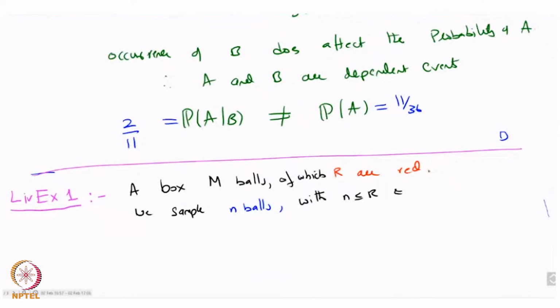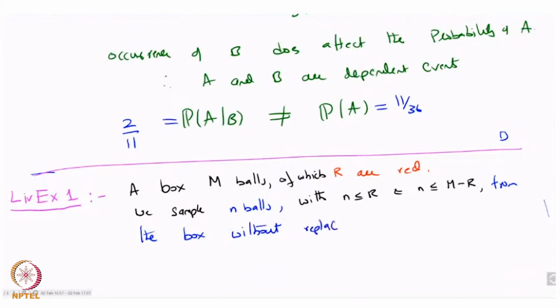And of course, I also want n less than m minus r as well. So it's in the middle, where I don't clean out the red balls or the non-red balls. And we sample them without replacement. Okay, so sample n balls from the box without replacement.